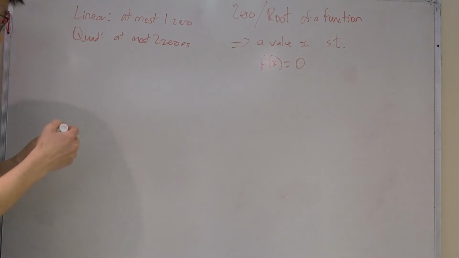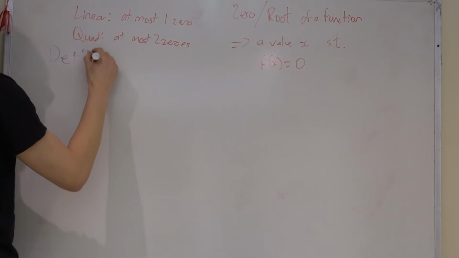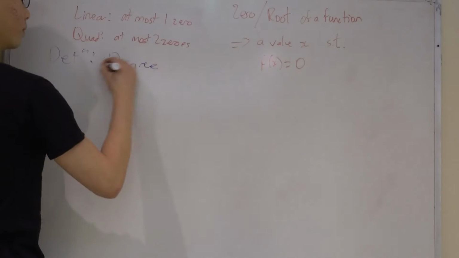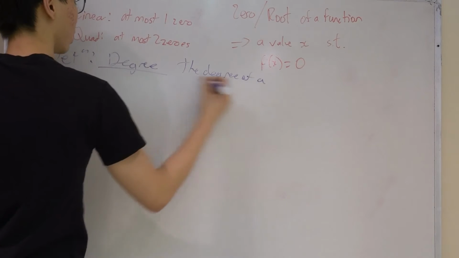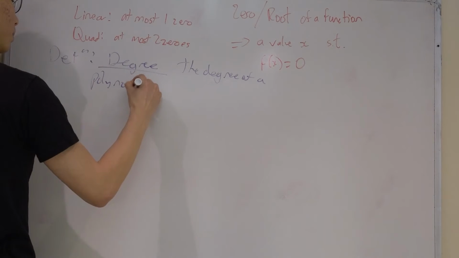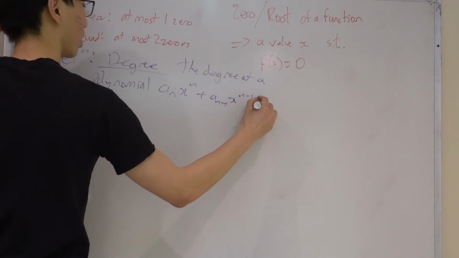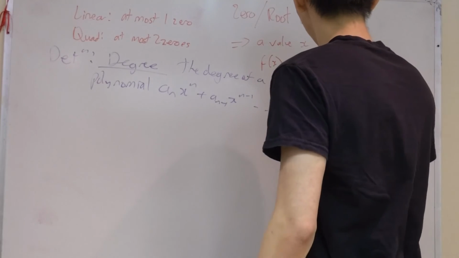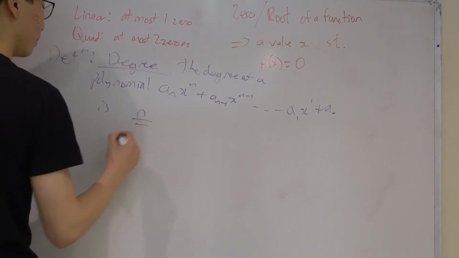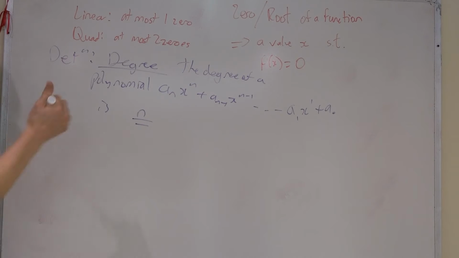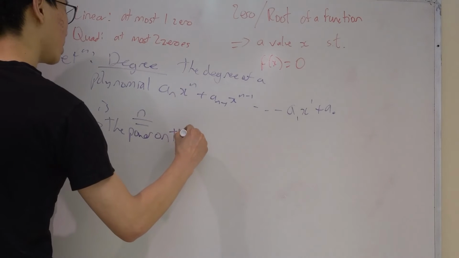Now is a good time to bring up another term. So definition, degree. The degree of a polynomial a_n x to the n, plus a_(n-1) x to the n minus 1, and so on. I'm getting tired of writing this. It's just n. In other words, it is the power on the highest degree term.